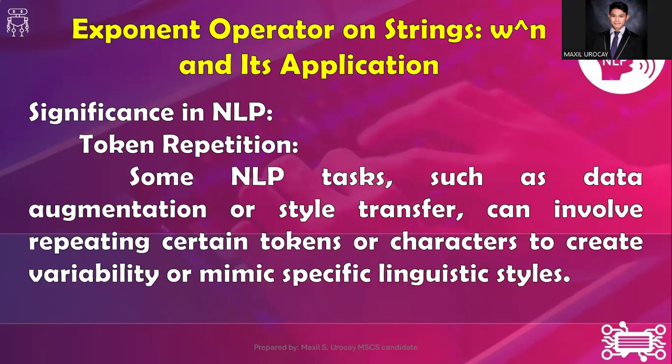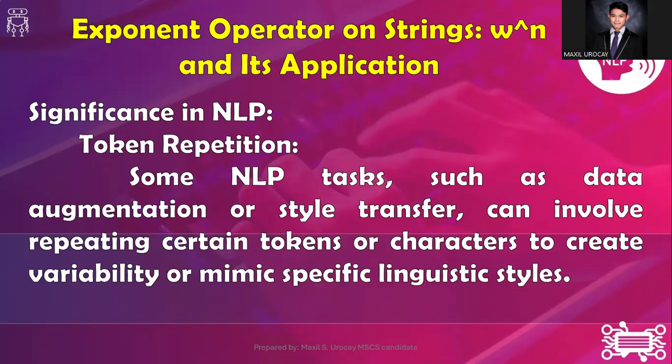So, the significance in terms of token repetition: some NLP tasks such as data augmentation or style transfer can involve repeating certain tokens or characters to create variability or mimic specific linguistic style. Repeating certain tokens or characters can introduce variability in text, which will really help in training models to generalize better.